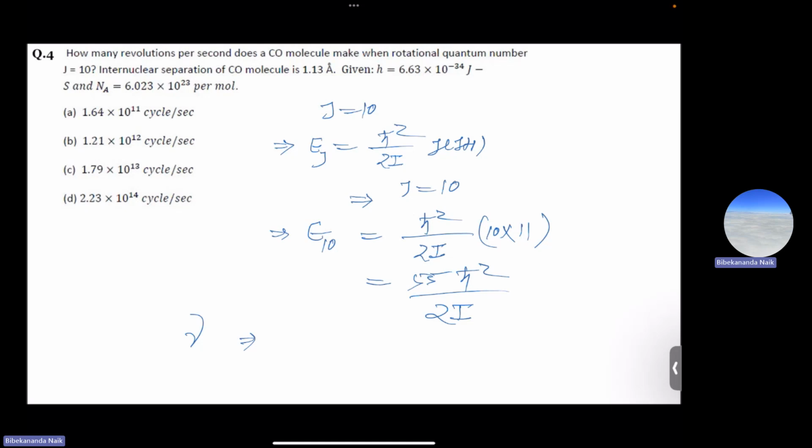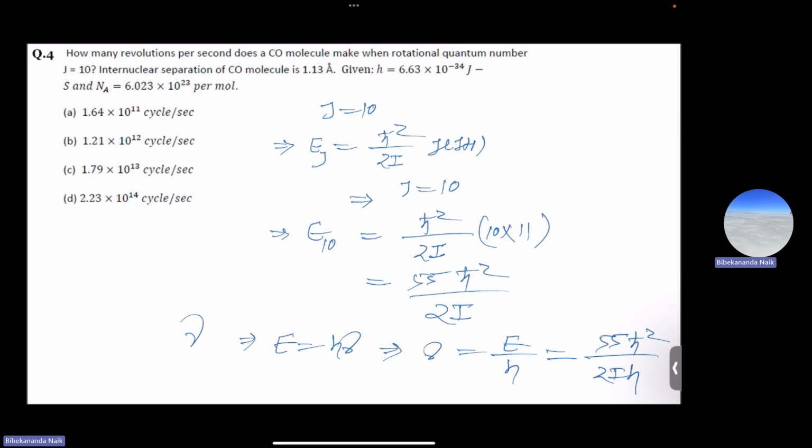To find the revolution frequency nu, we know E is equal to h nu, so nu will be E by h. It will be 55 h square divided by 2I h.